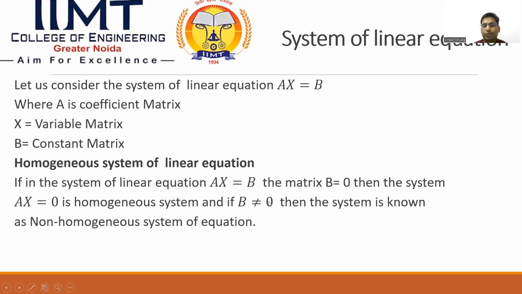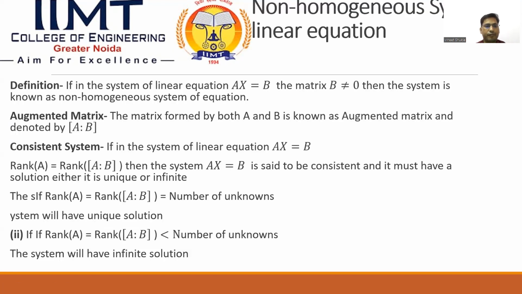If B is not equal to 0, then the system Ax equals B is known as a non-homogeneous system of linear equations.